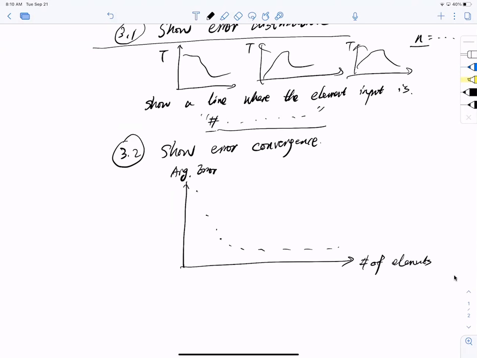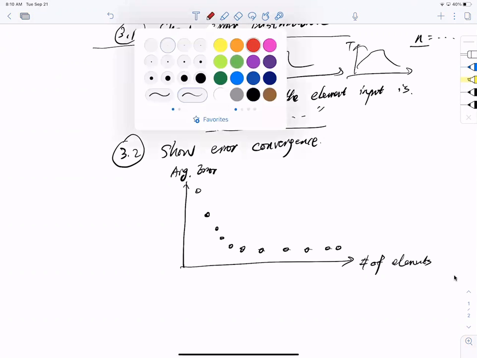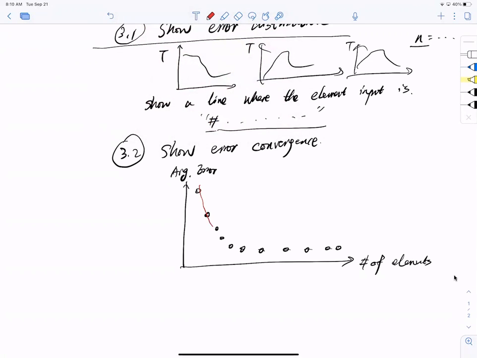Okay, and now don't stop here yet. When the error goes down like this, try to fit a line here. Use a polynomial.